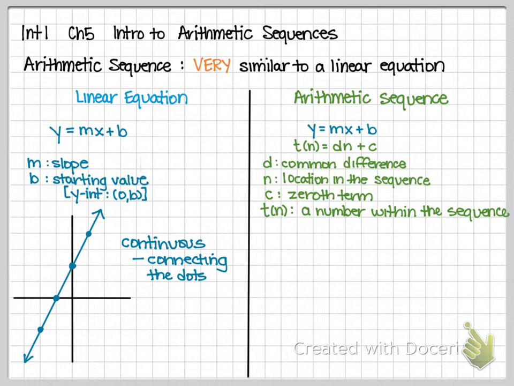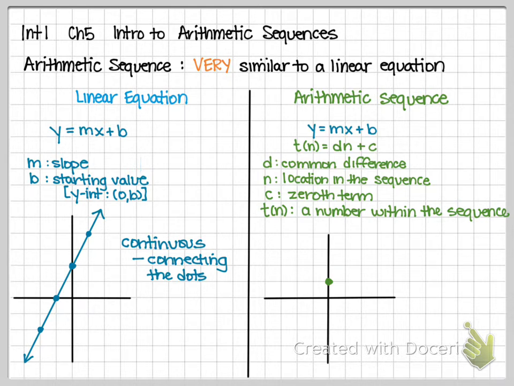Okay, another difference is the graph. If we were to take a look at the graph, we would go through and find the zeroth term. The zeroth term is also located on what would be the y-axis. So let's say that's our zeroth term. That's our c location.